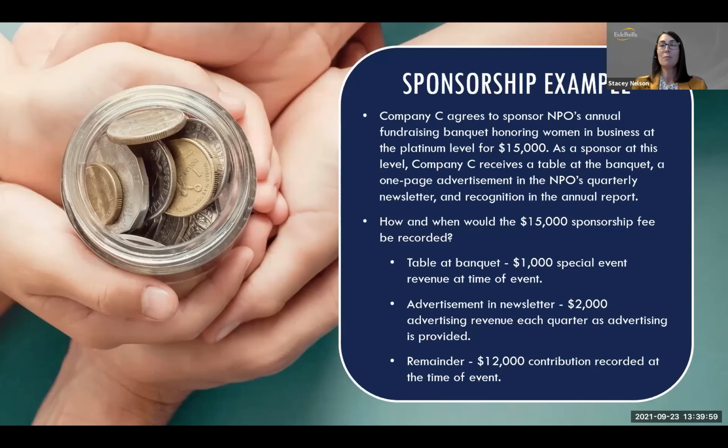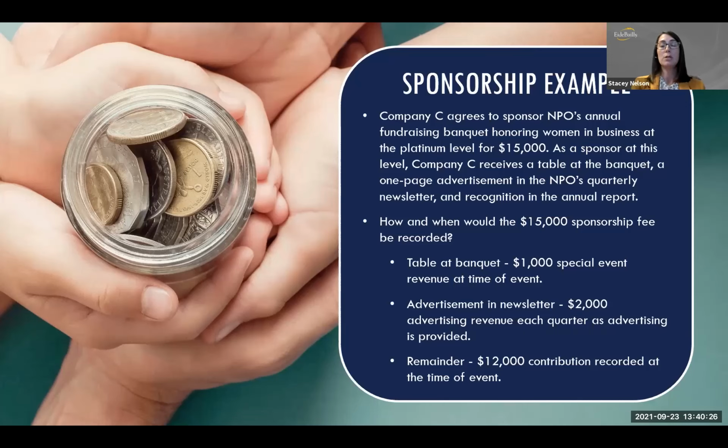If we remember back to our training on the exchange transactions, we're going to allocate the transaction price based on standalone selling prices. This particular nonprofit, you can purchase a table at the banquet without being a sponsor. In that case, they have assigned $1,000 to be considered the table or the special event revenue, and that would be recorded at the time of the event.